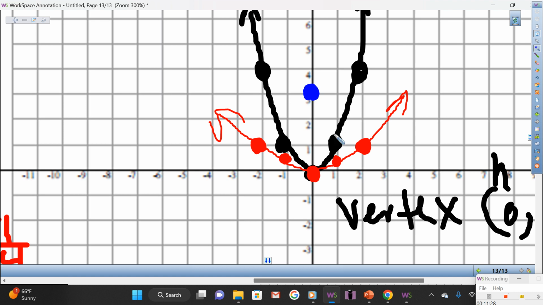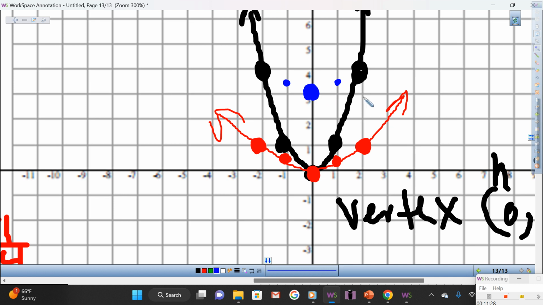So watch. To move all of these, instead of counting steps, all I'm going to do is follow the pattern. Here's my vertex. I have 1 point on each side, a quarter step up. I'm going to put one right here and another one right there. And then these are what? 2 steps to the right, 1 up, 2 steps to the left, 1 up.